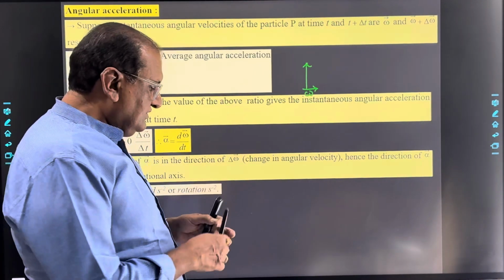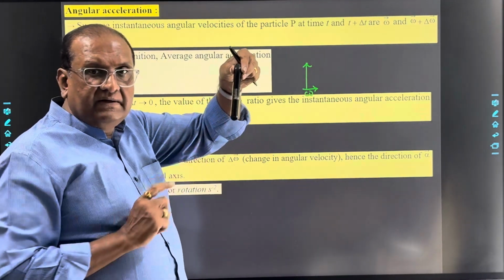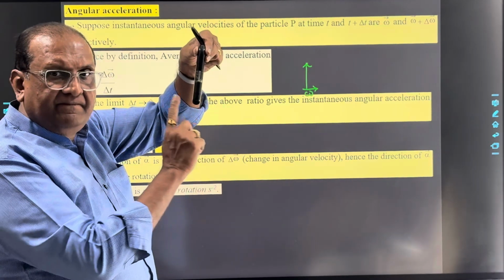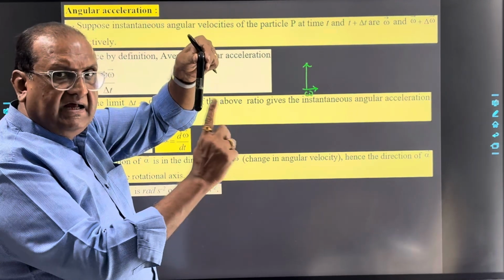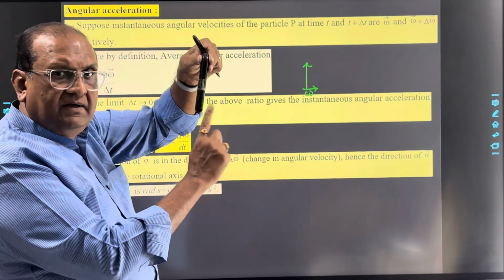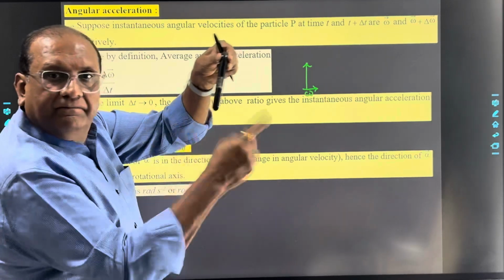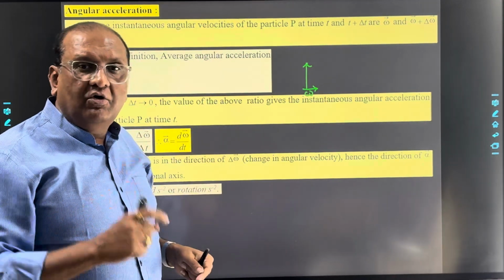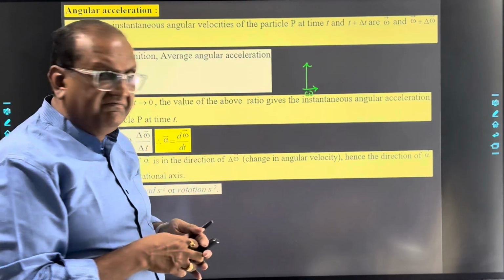Suppose the body is rotating like this, see my finger, and after some time it rotates like this. You can understand the magnitude of velocity increases but the direction is the same.